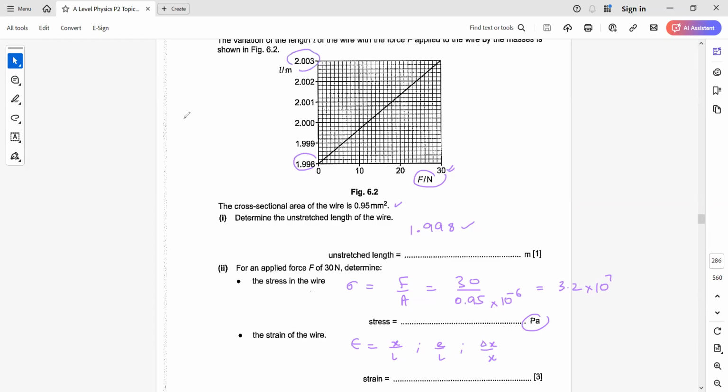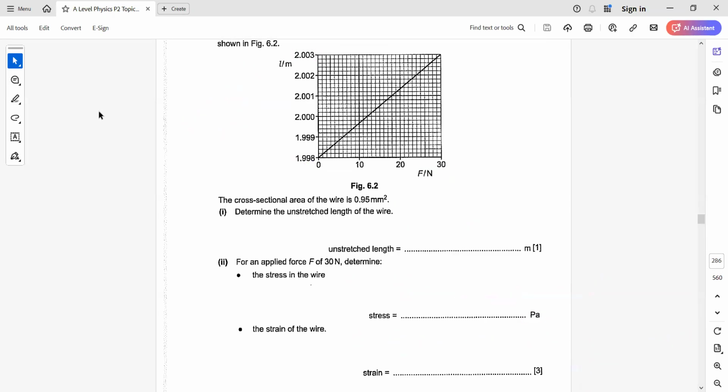So the change would be 2.003 minus 1.998, so the answer comes out to be 0.0050. And the original length is already here. So that would be 0.0050 over 1.998. So we have 2.5 exponent minus 3 with no units. See, 3 marks for this much easier part. That's nice. That's a simple question.